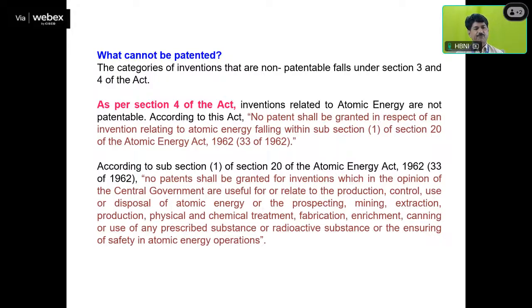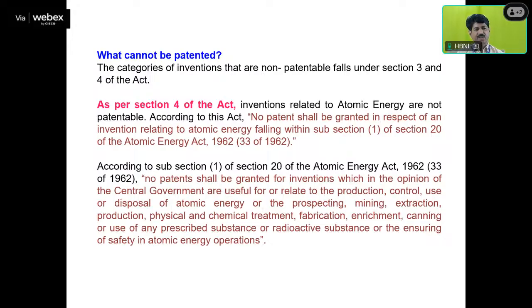According to this particular section 4 of the Act, no patent shall be granted in respect of an invention relating to atomic energy falling within subsection 1 of section 20 of the Atomic Energy Act 1962. So there is an Atomic Energy Act, published in 1962. In that section 20 it says that no patent shall be granted with respect to inventions related to atomic energy.